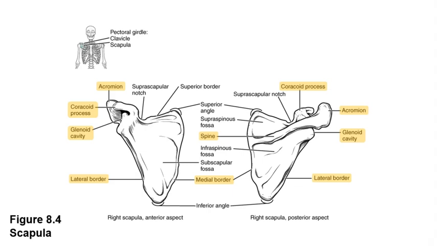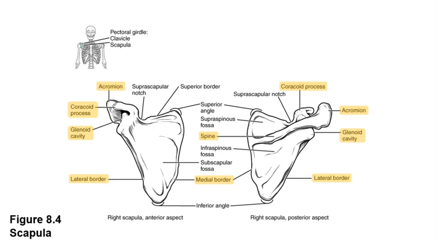Figure 8.4 examines the anterior and posterior aspects of the scapula. From the anterior side, the coracoid process, which is an anterior projection, functions as a site of muscle attachment above the shoulder joint. The glenoid cavity, along with the rounded end of the humerus, forms the shoulder joint itself.